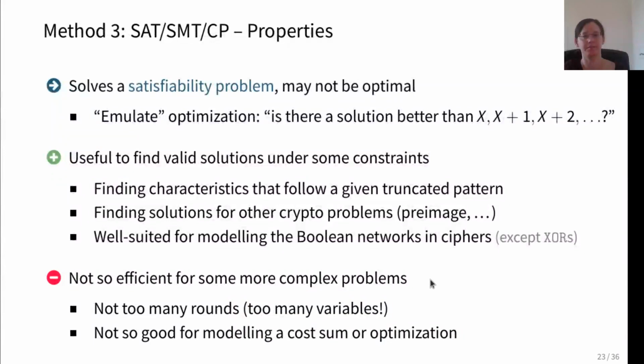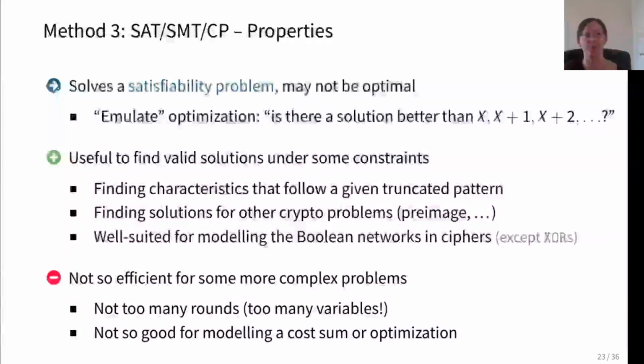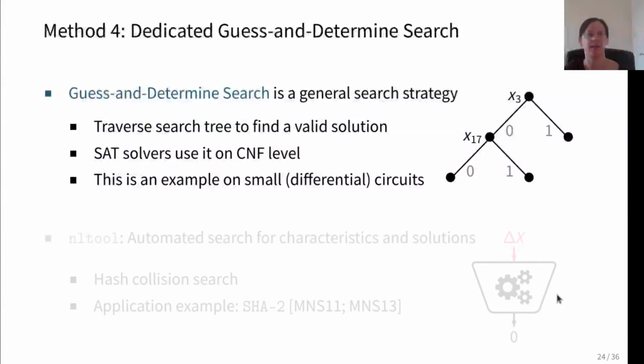But instead of looking into this in detail, we want to have a brief look at a sort of crypto-specific thing that works a bit like a SAT solver, but optimized specifically for crypto and for differential characteristics. And this is our method number 4, namely a dedicated guess and determine search tool.